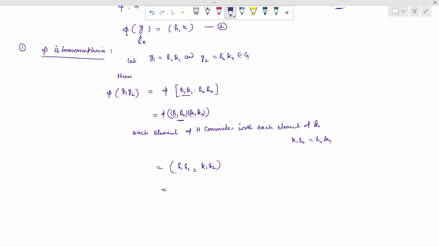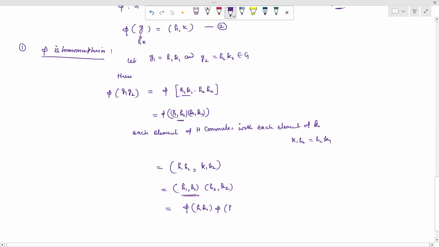So this can be written in the ordered pair as H1 into K1, and in the second bracket the ordered pair H2 into K2. By definition, this is the function of H1 K1 and the function of H2 K2.